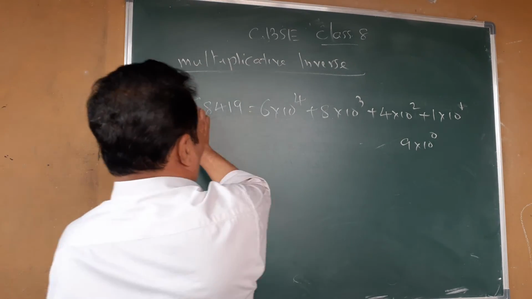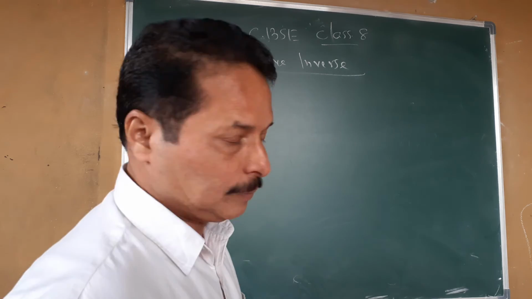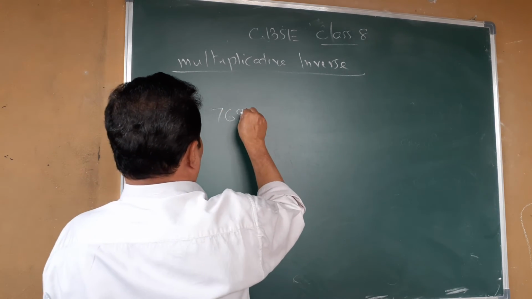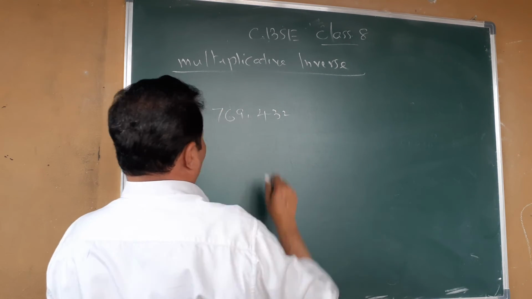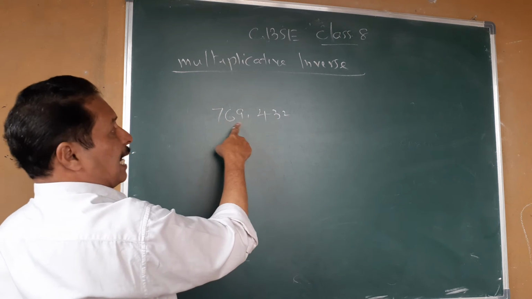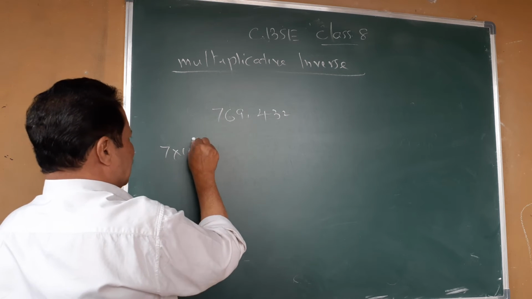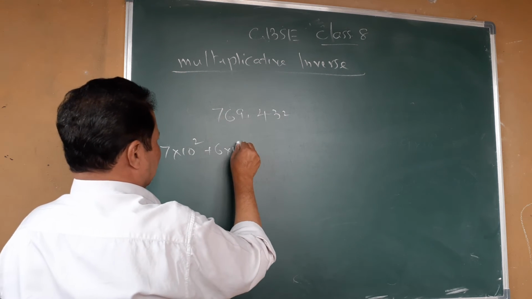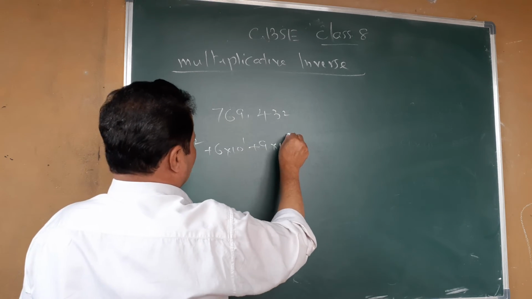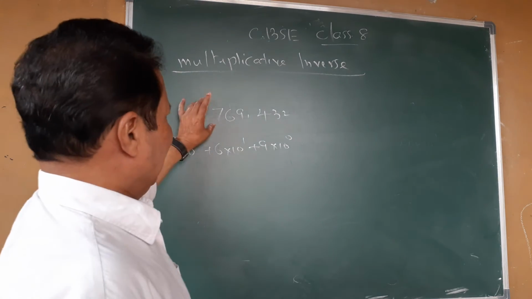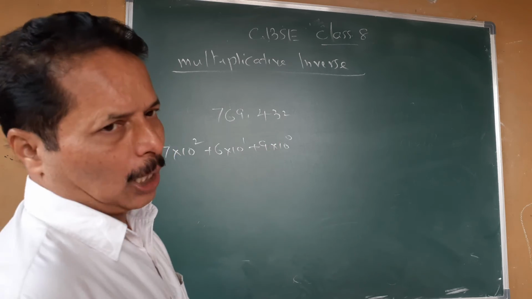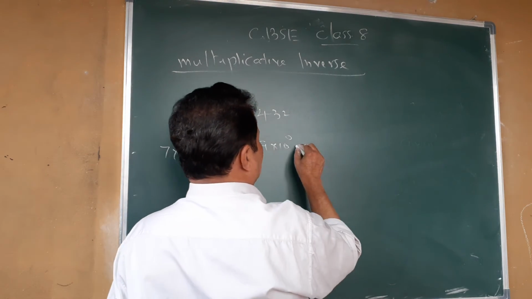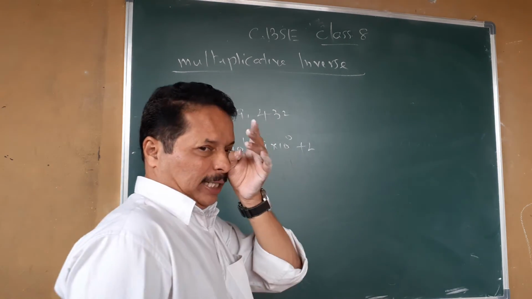Are you ready? Look here. 769.43. Now started with 7, there are 3 places. So started with 10 raised to 2. 6 into 10 raised to 1, 9 into 10 raised to 0. Now the natural numbers are over. These are decimal places. So, be very careful here.